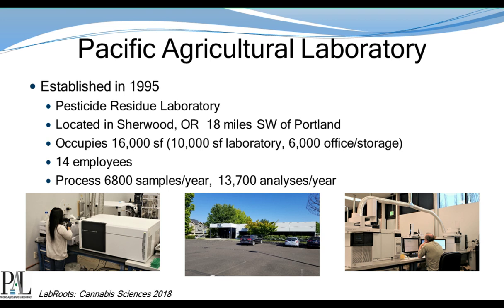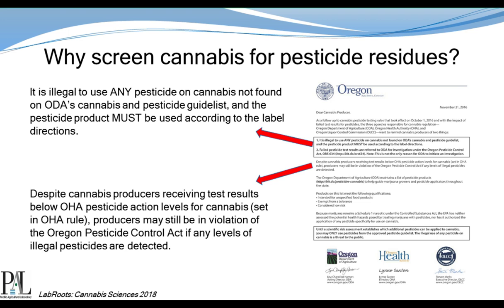We're located just outside of Portland, Oregon, and our facility is 16,000 square feet. We've got 10,000 square feet devoted to laboratory space and about 6,000 square feet of office and storage. We've got 14 full-time employees, and we process about 6,800 samples a year with an average of 13,700 analyses on those samples.